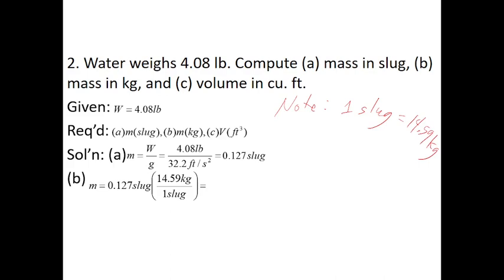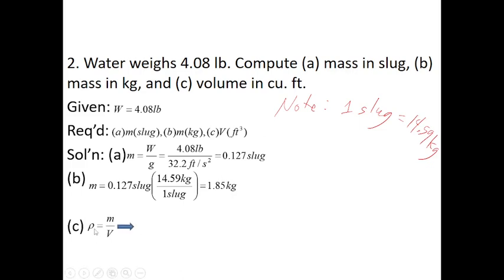One slug is equal to 14.59 kilograms, and we get an answer of 1.85 kilograms. So in other words, if the weight of water is 4.08 pounds, the corresponding mass in terms of kilogram will be 1.85 kilograms. Then C, volume in cubic foot.